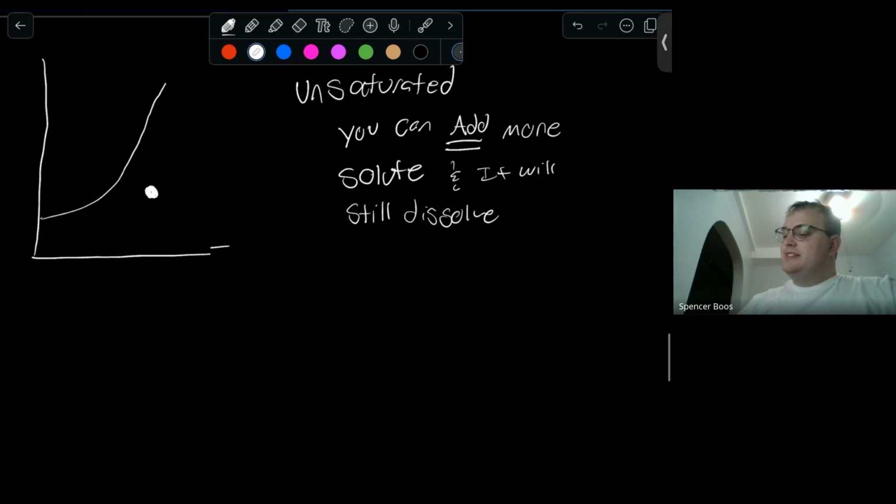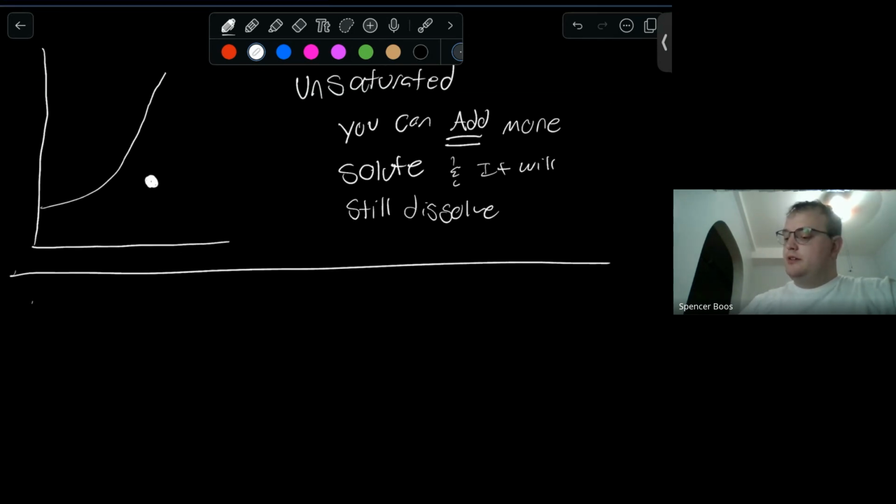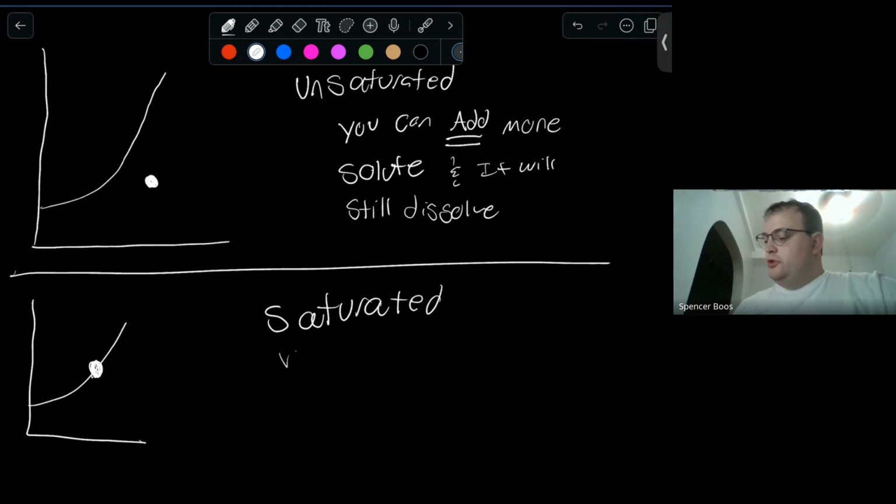When something is saturated, if you're looking at a curve, it would be on the line. You cannot dissolve more.